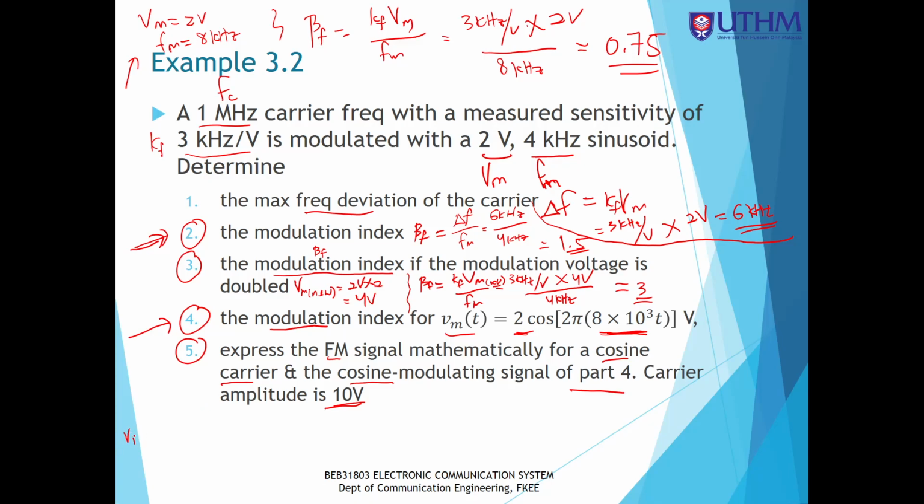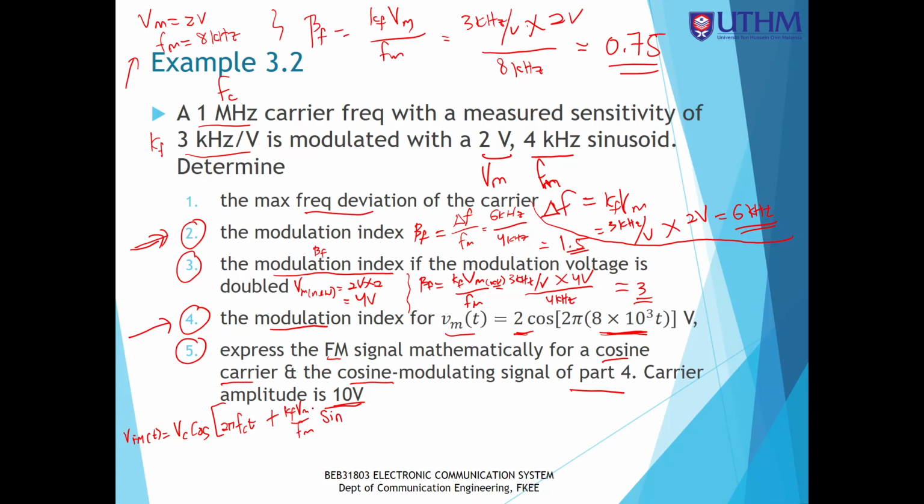VFMT is equal to Vc cos, big bracket, 2 pi fct plus beta f, or you can write kf Vm over Fm, which is beta f, times sine.